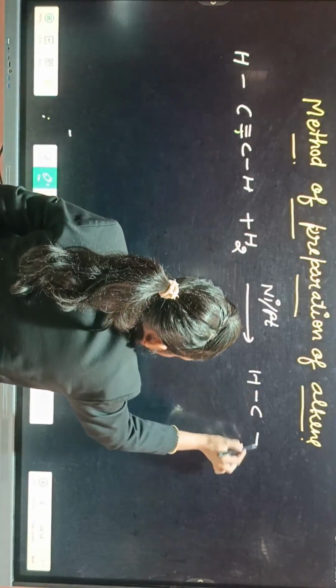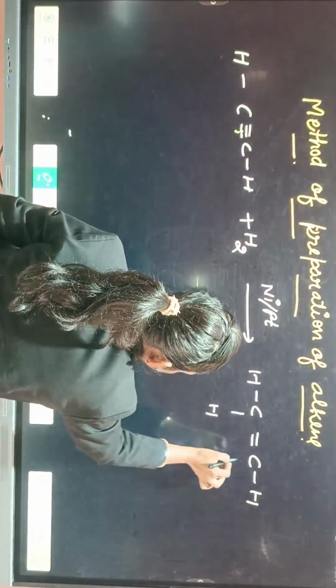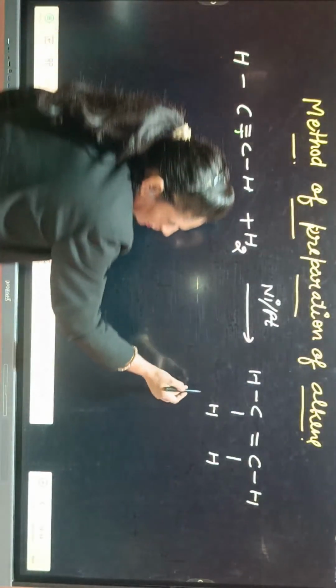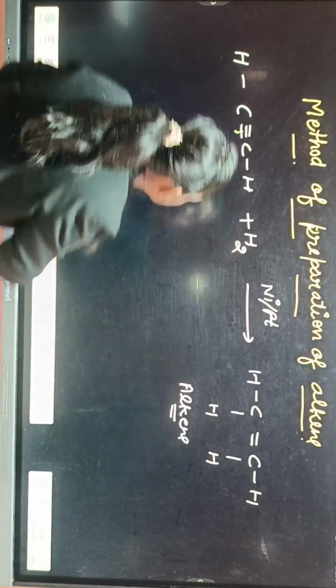This is alkene, ethene here because there are 2 carbons.